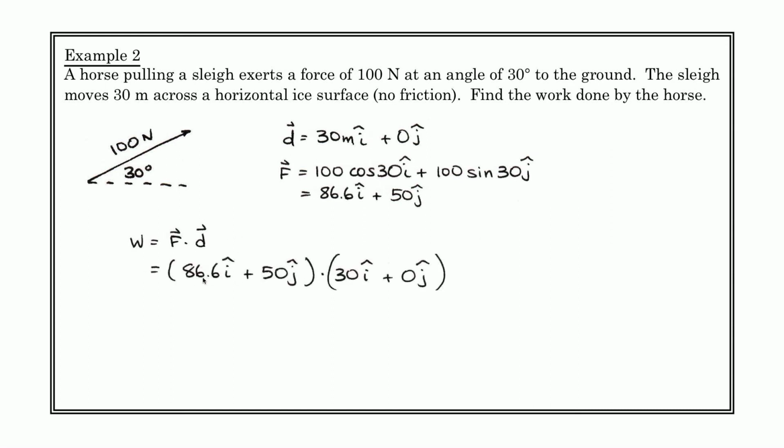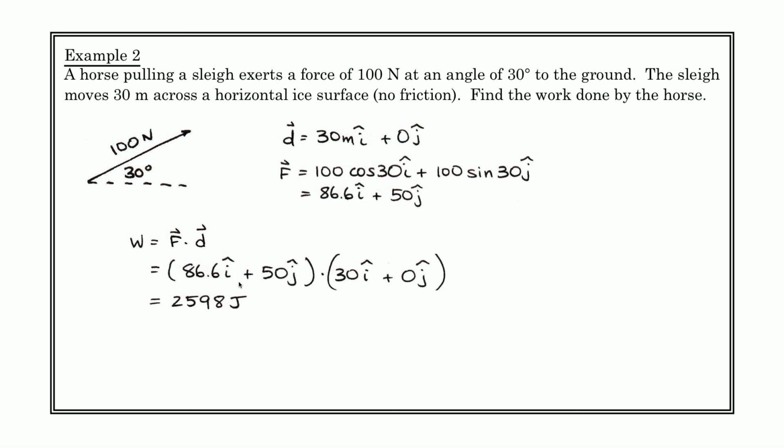Basically, the 86.6 I hat is multiplied by the 30 I hat, and what I get is 86.6 times 30, plus the 50 multiplied by 0, because we dot the I hats and dot the J hats and add them up. But this 50 times 0 is just 0.